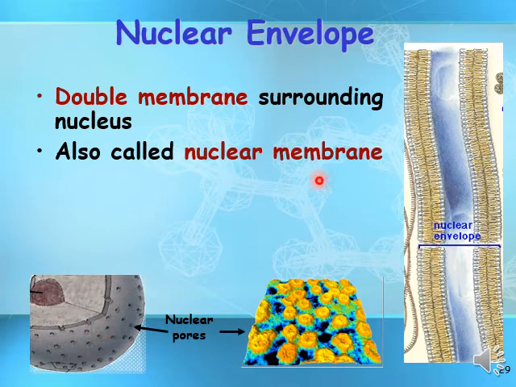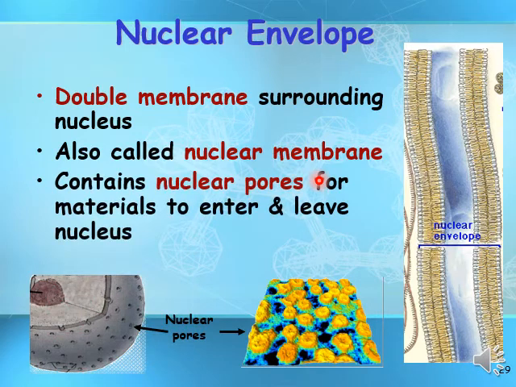It's also called the nuclear membrane or nuclear envelope, and contains nuclear pores for materials to enter and leave the nucleus. Many materials enter the nucleus from outside to inside through the pores. Other materials go out from inside to the outside of the nucleus through these pores.